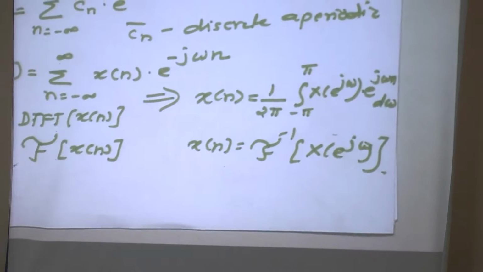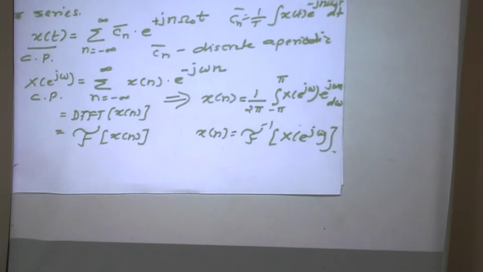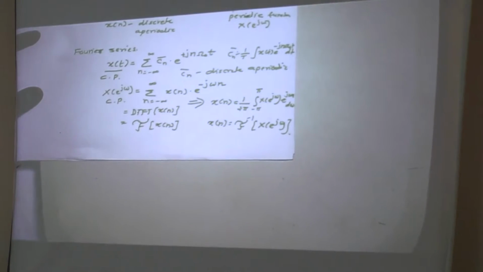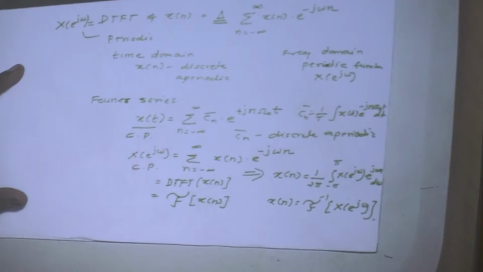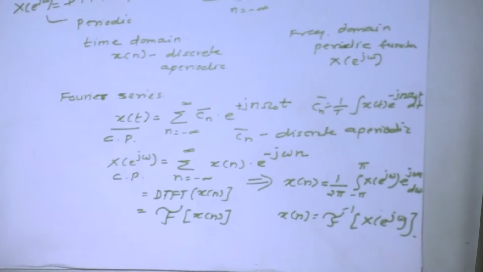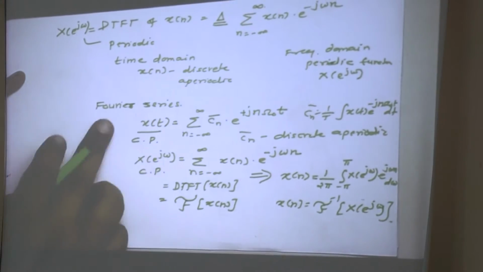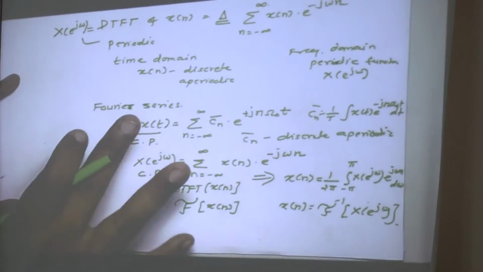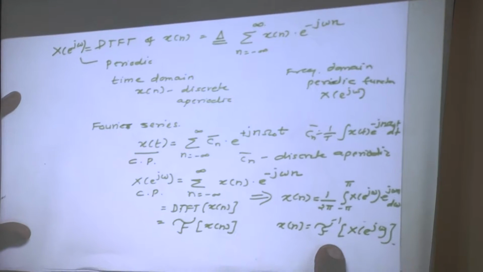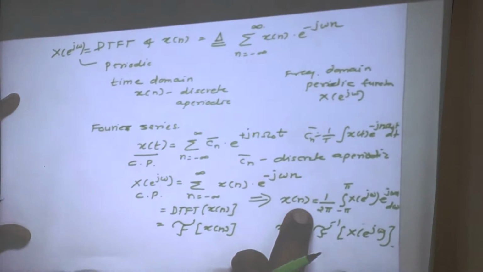So we have simply derived a simple relation between the Fourier transform pair. Is that clear? What we have seen just now is a proof for the inverse Fourier transform.